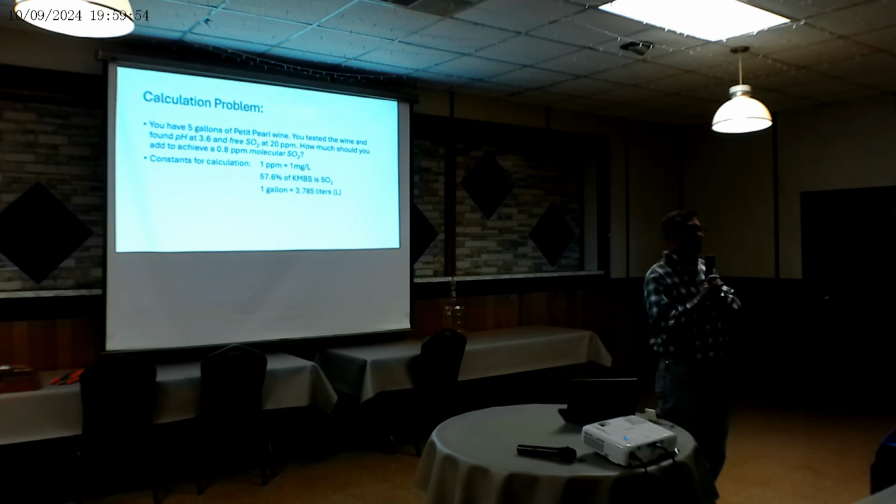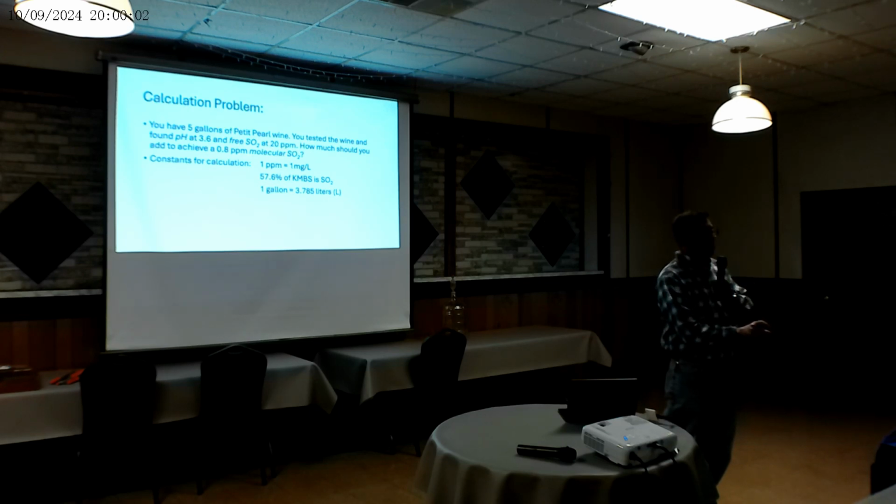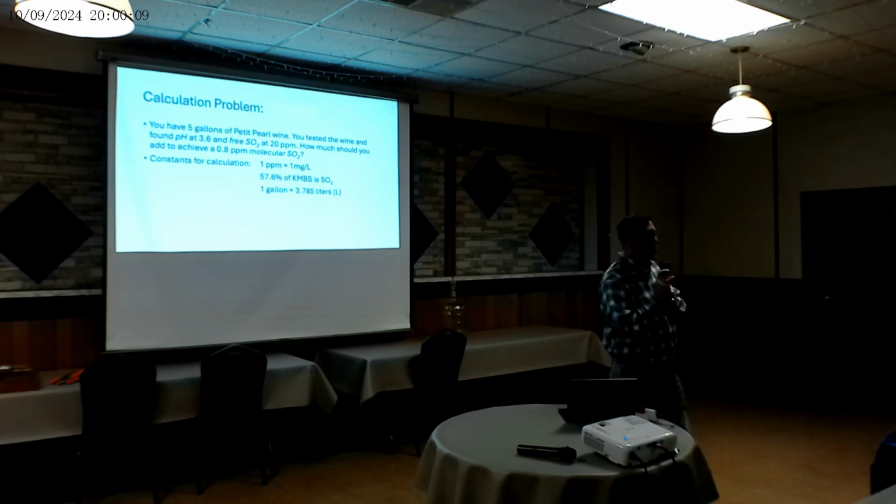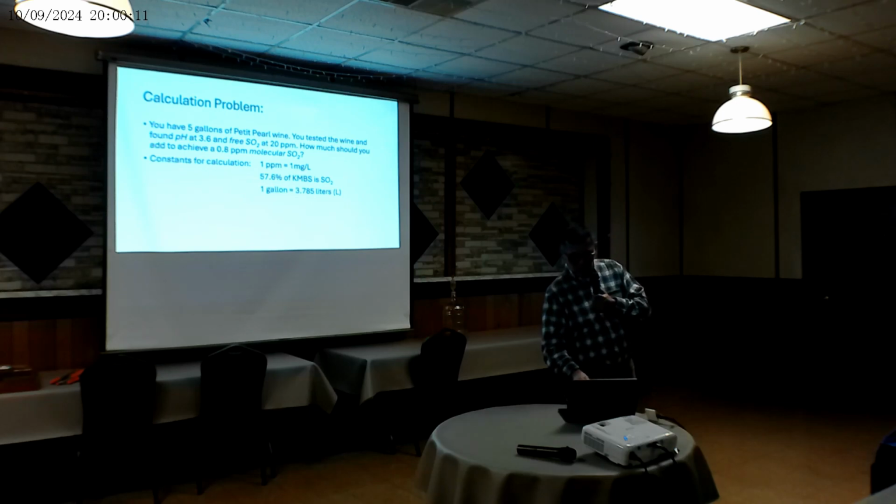So when you calculate the amount of potassium metabisulfite you're adding, remember that 57.6% of what you add is SO2, and SO2 is what you want to increase for the 0.8 molecular SO2. And 1 gallon is 3.78 liters.